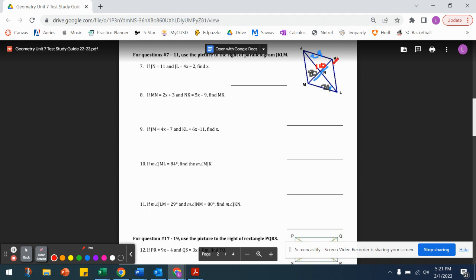Our goal is to find what angle JKN is. We have a triangle, and triangles always add up to 180 degrees. So 180 minus 100 minus 29 means that that angle has got to equal 51 degrees.